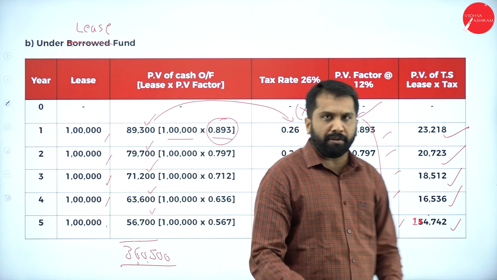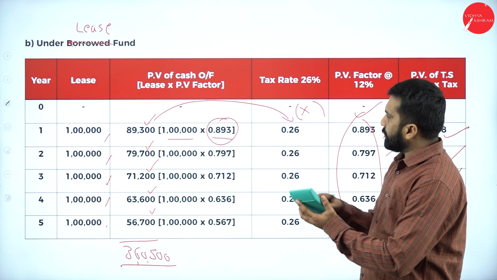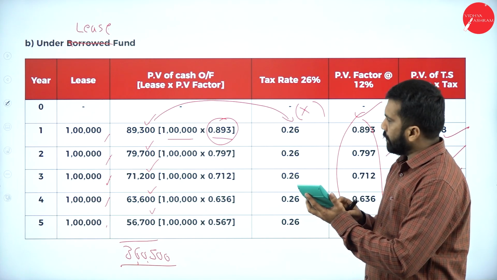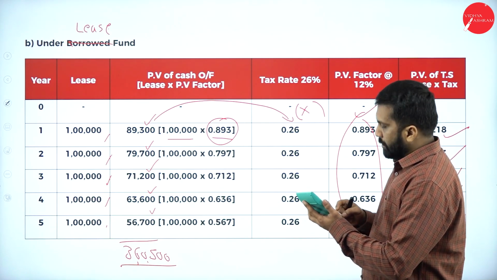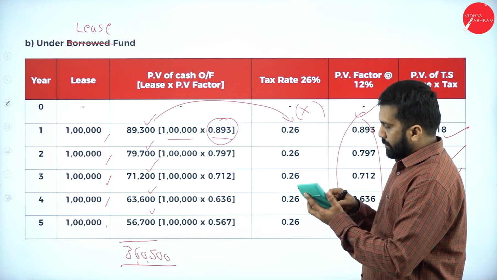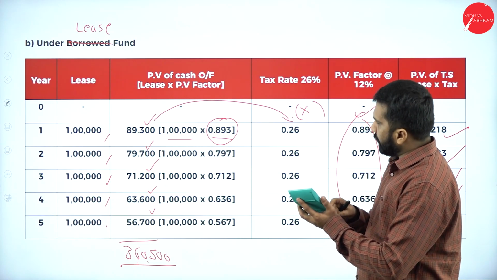Now, if you add all this, how much will you get? I'll calculate this once again. 1 lakh multiplied with 0.893, I got 89,300, correct?